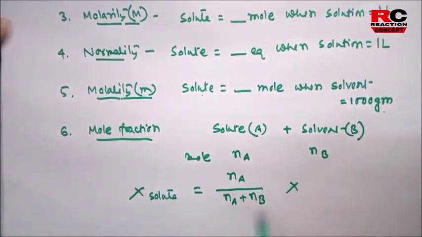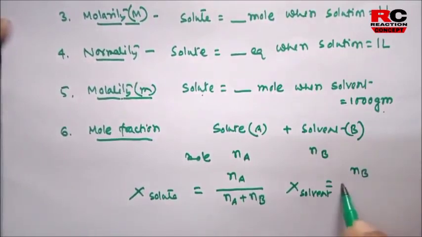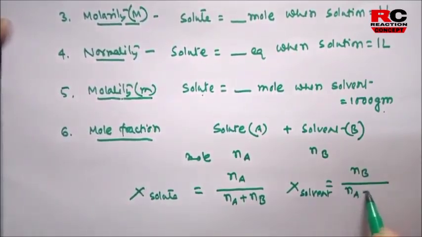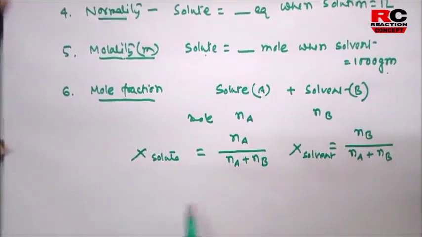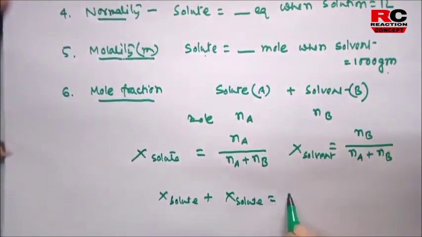Similarly, the mole fraction of solvent can be written as the number of moles of solvent present in the solution divided by the total number of moles of this solution. Okay, so the summation of these two values, solute plus solvent, is always equal to 1.